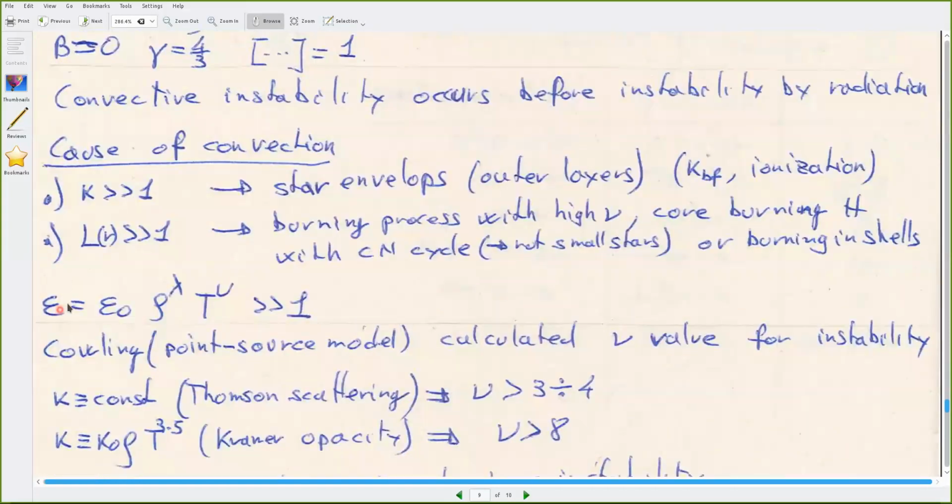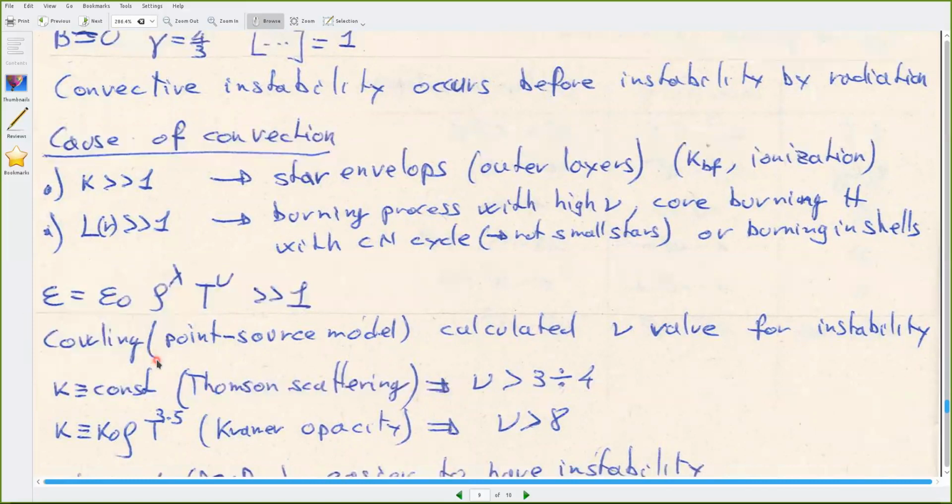Remembering the energy production rate can be expressed as a constant multiplied by density to a certain lambda, the temperature to the nu. We want this to be really high. The luminosity, this value is just this epsilon integrated on the mass we are considering.